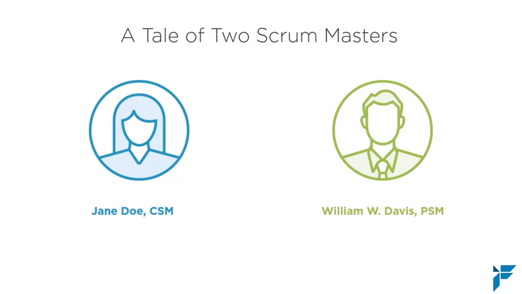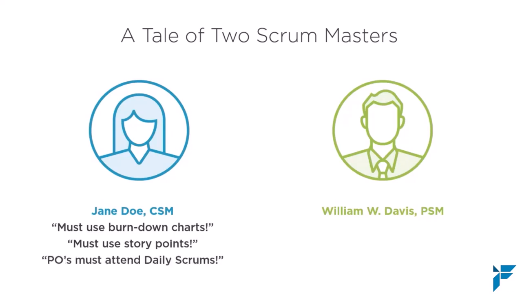Anyway, this other Scrum Master began making claims and assertions about how a Scrum team should operate that I knew just weren't true. For instance, this other Scrum Master asserted that the team had to use a sprint burn-down chart, and that they had to estimate using story points, and that the product owner had to attend the team's daily Scrum each morning.